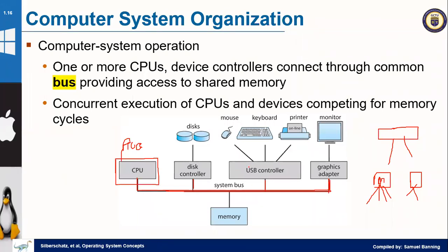So this is how a computer system is organized. If there are multiple CPUs, suppose our computer has 2 or 3 CPUs, the CPUs will be like that. So imagine currently our computer has 2 CPUs. They will be communicating through the same bus. That is what happens. Okay, great.